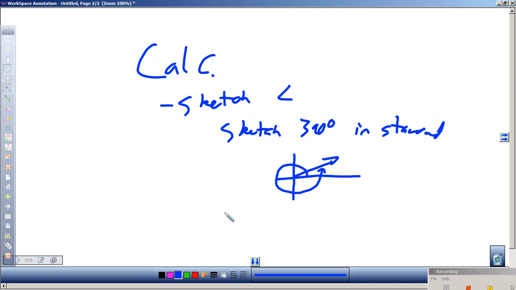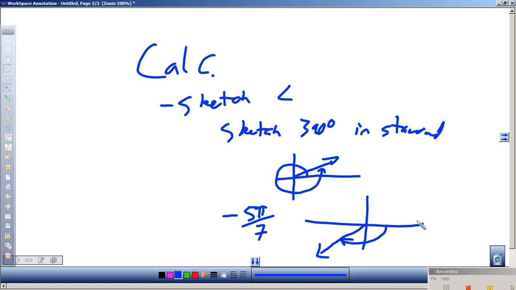Or maybe I say a negative 5 pi over 7. Sketch for me approximately a negative 5 pi over 7 angle. Okay, somewhere around here. How do we know that?